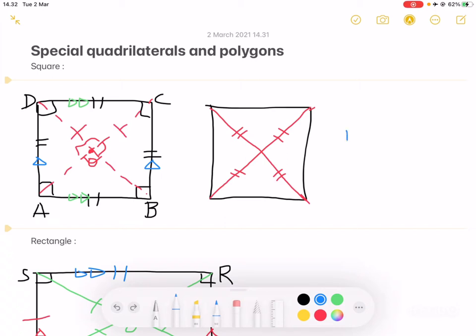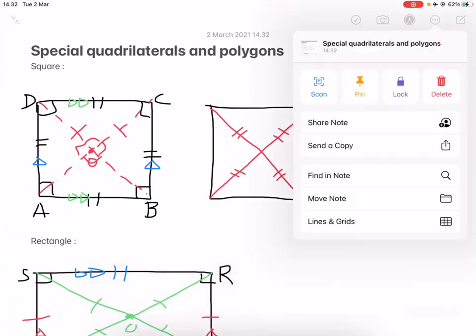I'm just going to draw a line segment right here and a diagonal. We know this forms a right angle, so this diagonal divides this angle into 2 equal parts. This part will be 45 degrees and this part will be 45 degrees. They all add up to 90 degrees. So that's it about the square.